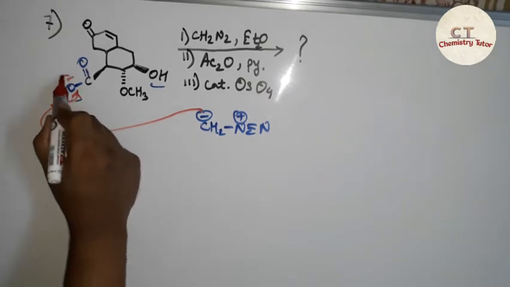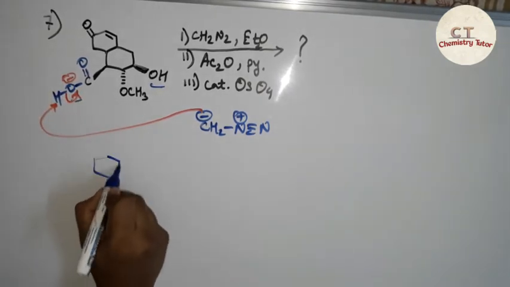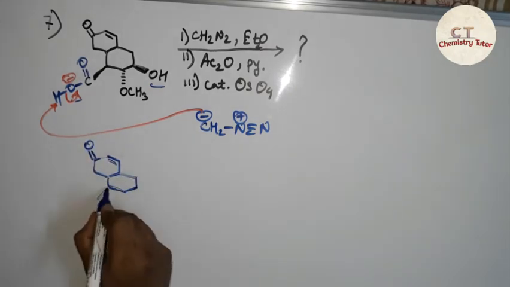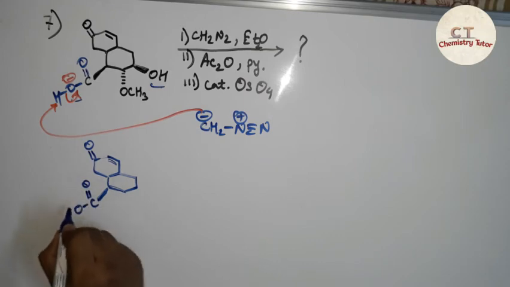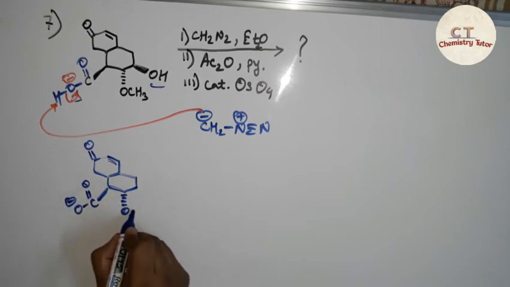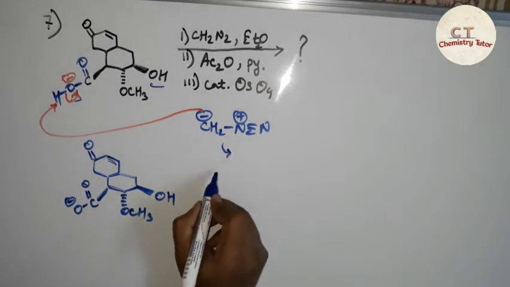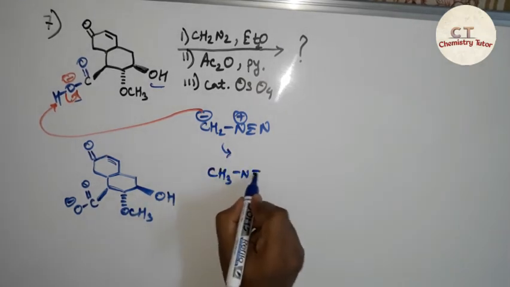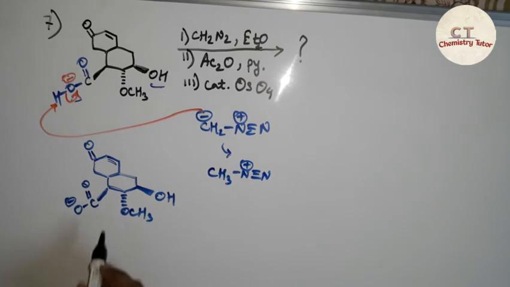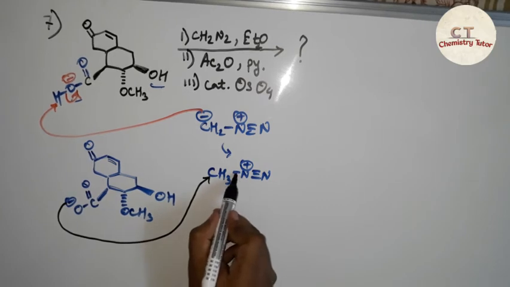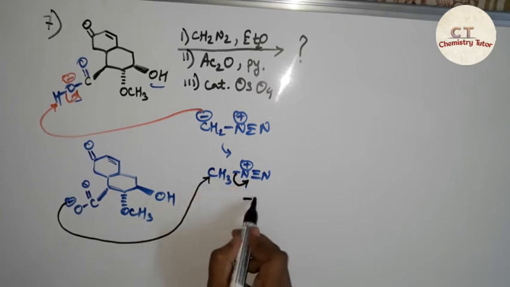So in the next step, this negative charge is going to abstract this proton and there will be negative charge on the oxygen atom. And then the negative charge on the oxygen atom is going to attack the carbon, nucleophilic attack, and N2 is going to leave.